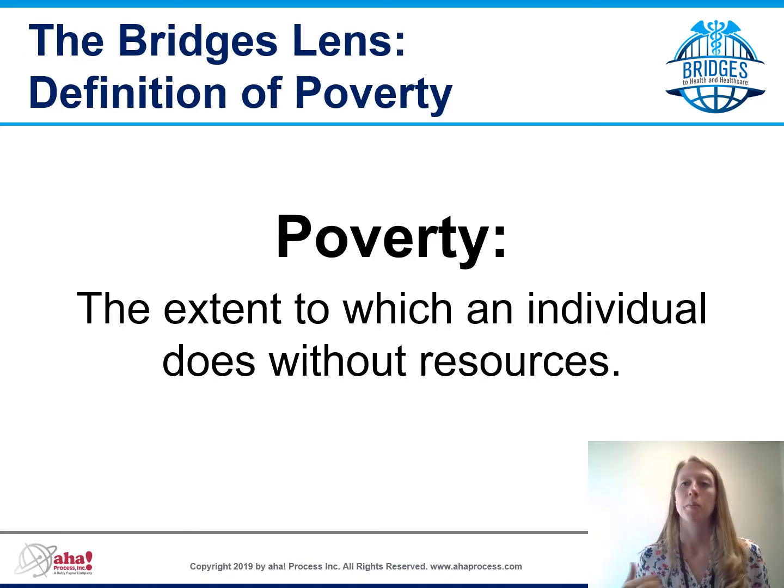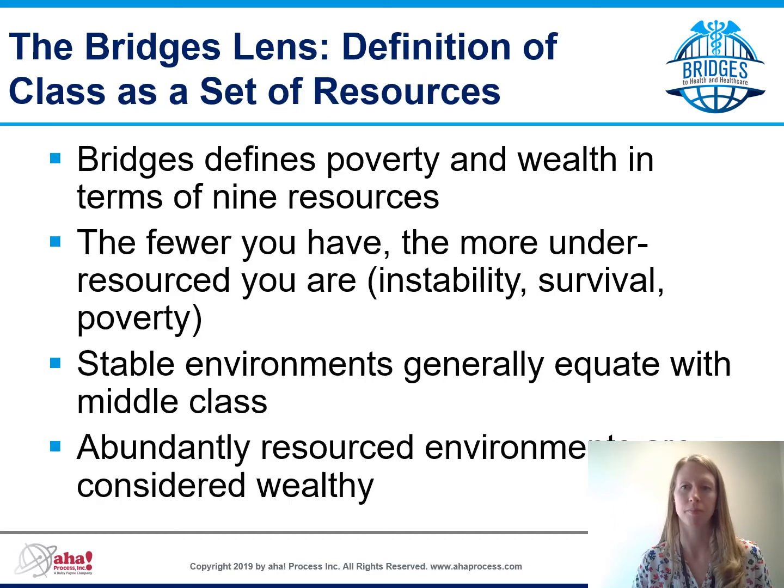We've used the term under-resourced a few times so far because it aligns with the Bridges definition of poverty, which is the extent to which an individual does without resources. What do we mean by resources? So Bridges categorizes 9 resources.